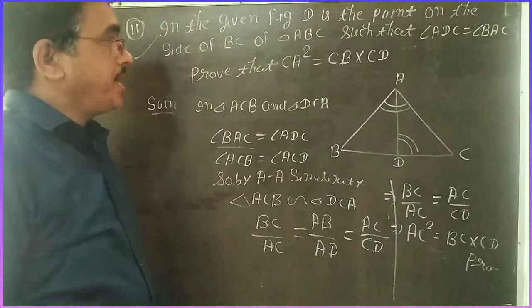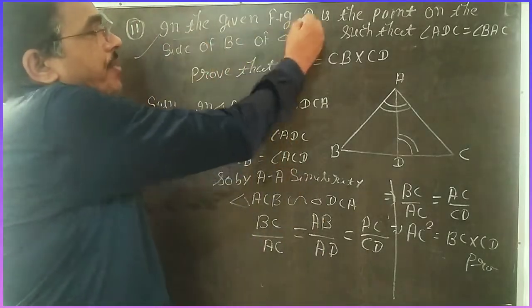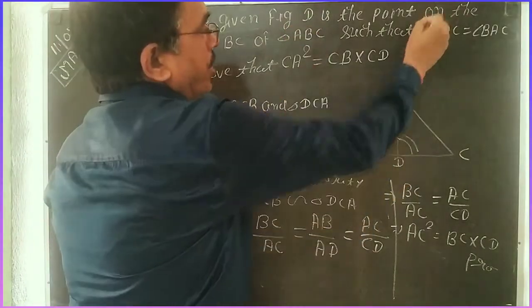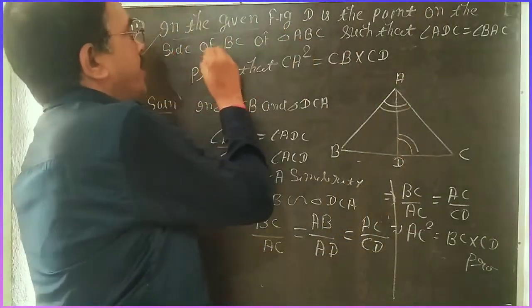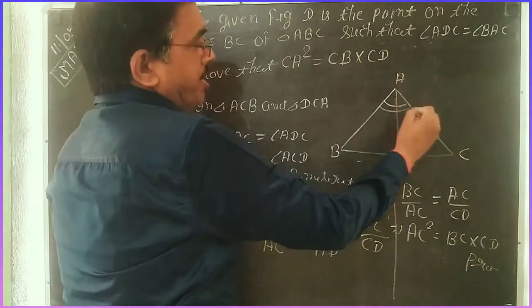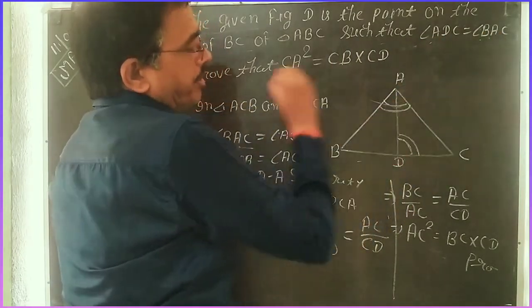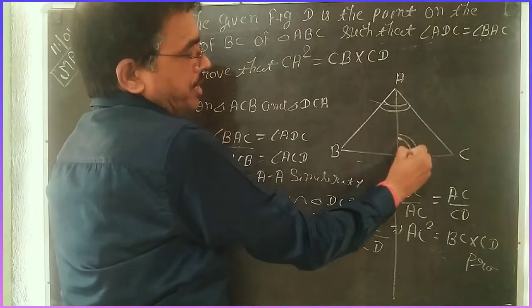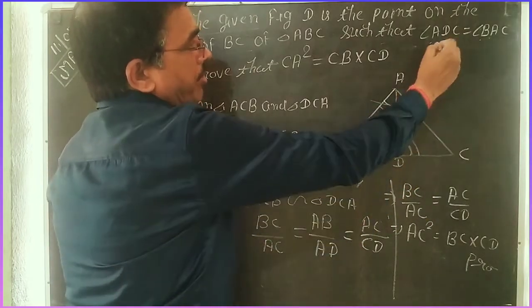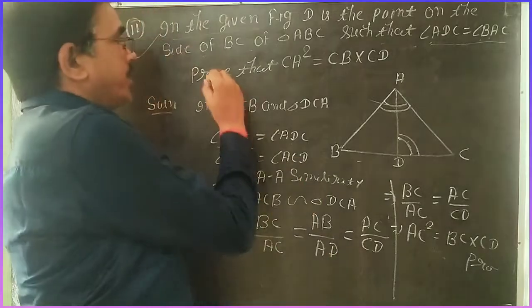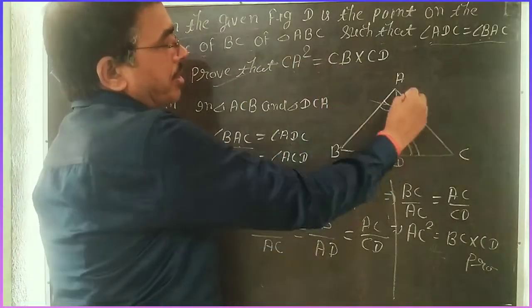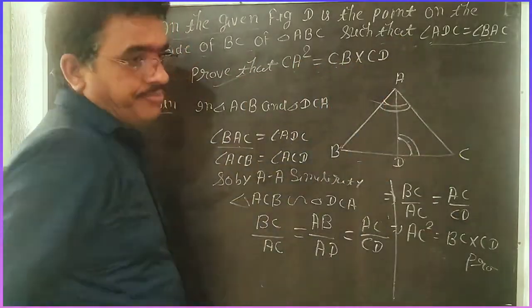So please see here in this question, in the given figure, D is a point on BC such that angle ADC is equal to angle BAC. Only one angle is given. Then prove that CA square is equal to CB into CD.